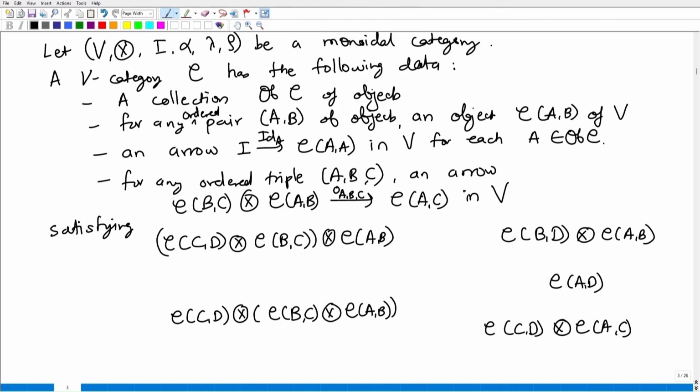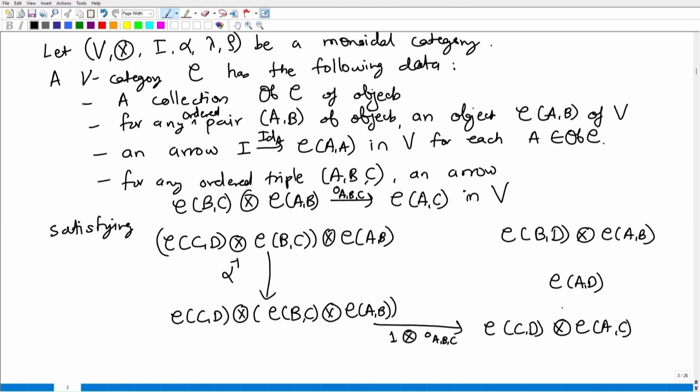So we are using all sorts of things. Here vertically we have an appropriate alpha inverse map, the associator inverse, since C_CD is an object of V. Then from here to here, what are we using? Yes, 1 tensor composition ABC.